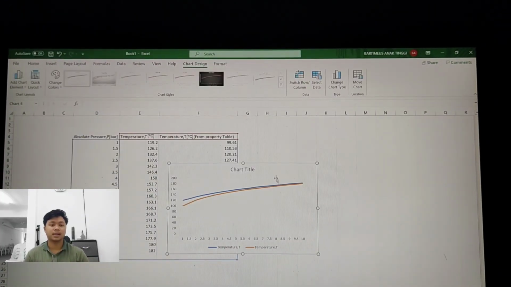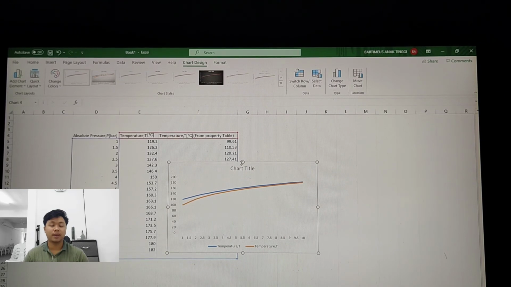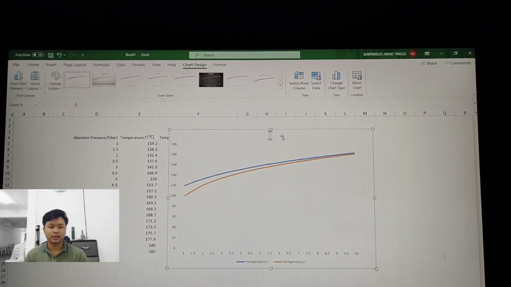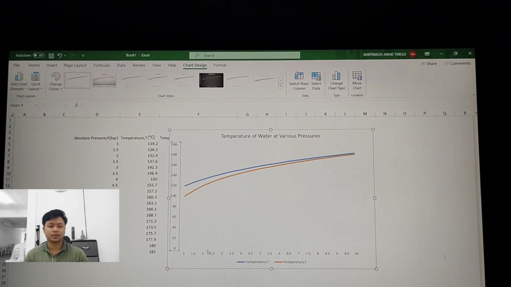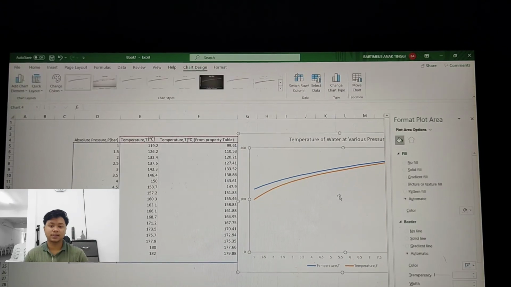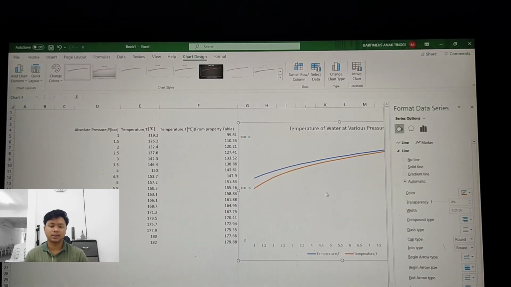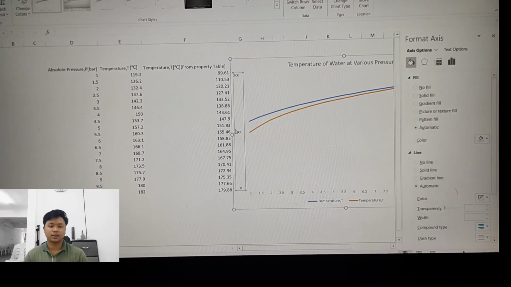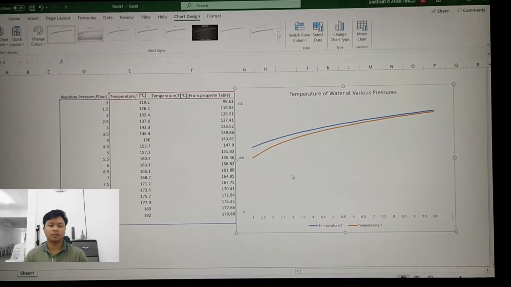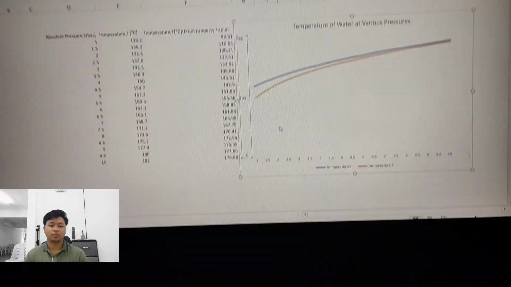And next, I make the graph from the data. So the y-axis is for the temperature of the experiment and the temperature from the property table.